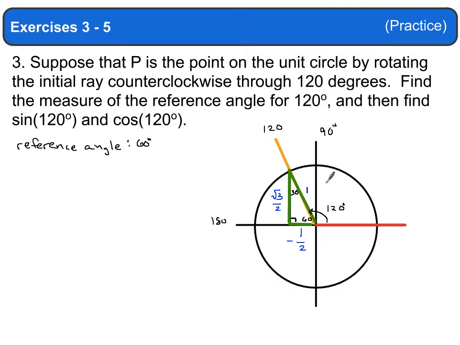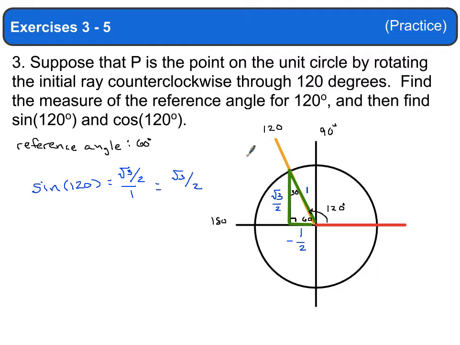So if I want to know the sine of 120 degrees, I am going to use this reference triangle because that's what was created after I opened this up 120. So from this angle, opposite over hypotenuse, and so I'm going to get the square root of 3 over 2 over 1, and so it's going to become the square root of 3 over 2.